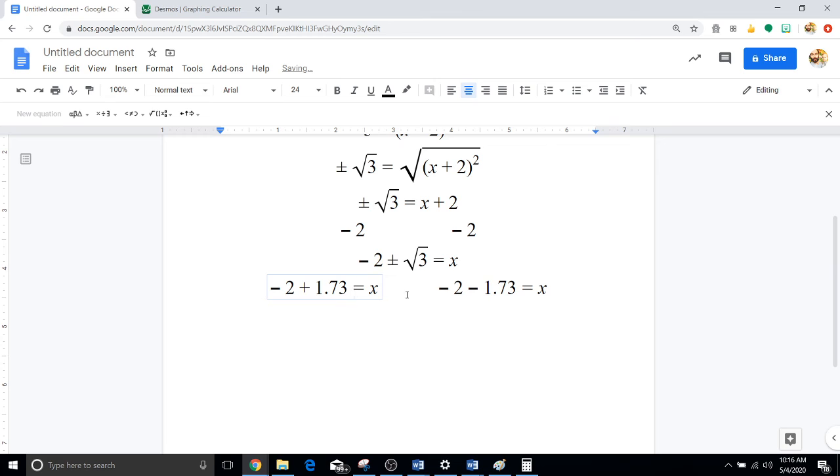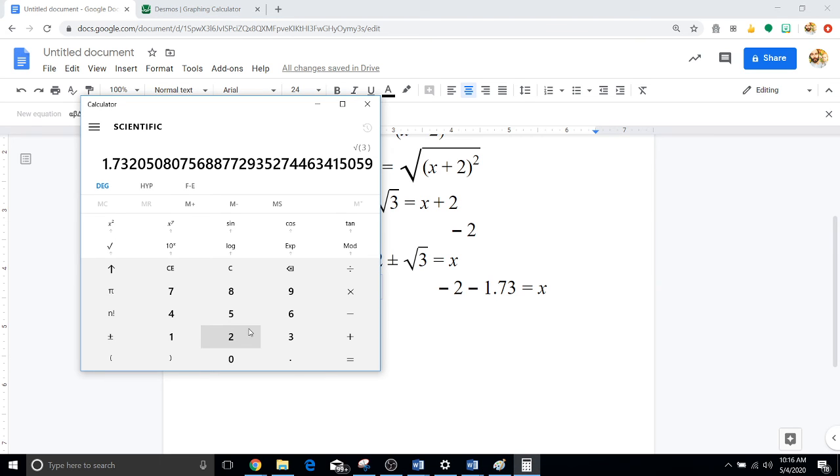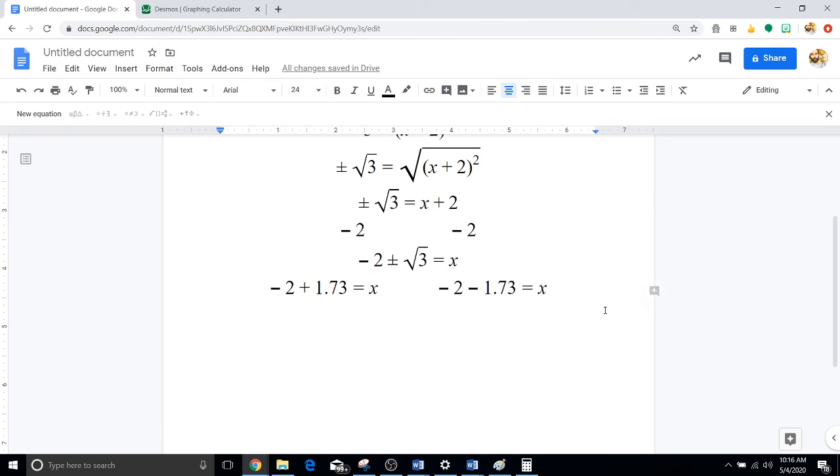Now we have both of our equations with actual numbers. Let's start with the first one, negative 2 plus 1.73, which gives us negative 0.27. Remember, these are x-intercepts, so we say negative 0.27, comma 0.